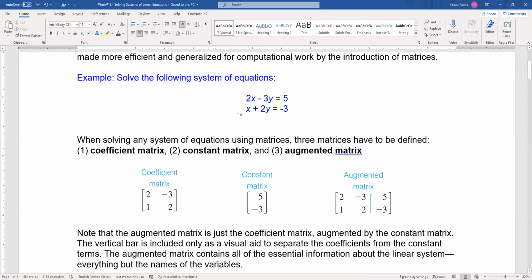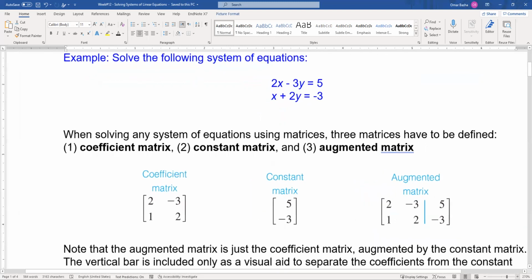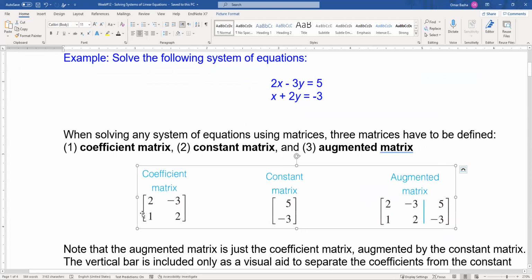So let's have a look here. Again, we're looking at this same example. When solving any system of equations using matrices, you have to define 3 matrices first. First one right here on the left-hand side is the coefficient matrix. Let's take a closer look at this coefficient matrix. What does it include? As you can see here, it just includes the coefficients in your system of algebraic equations.